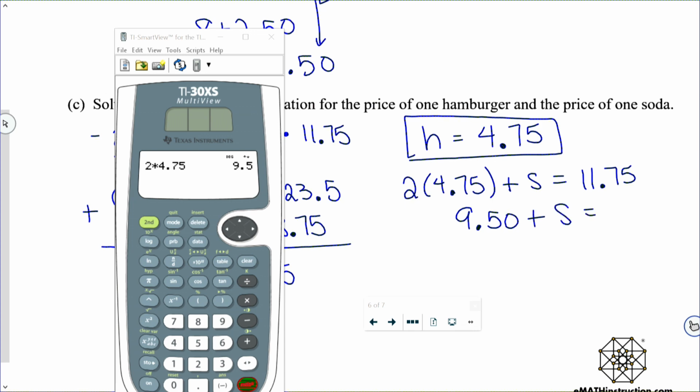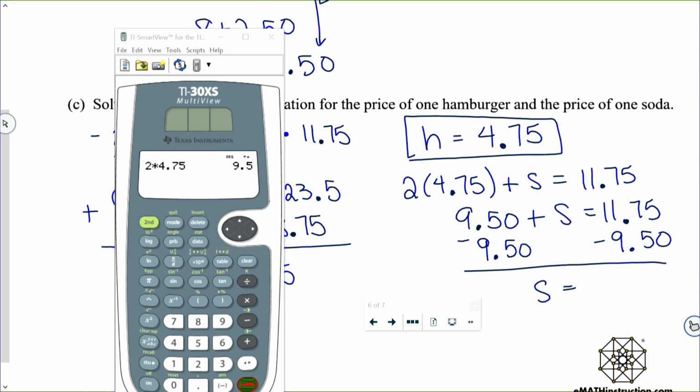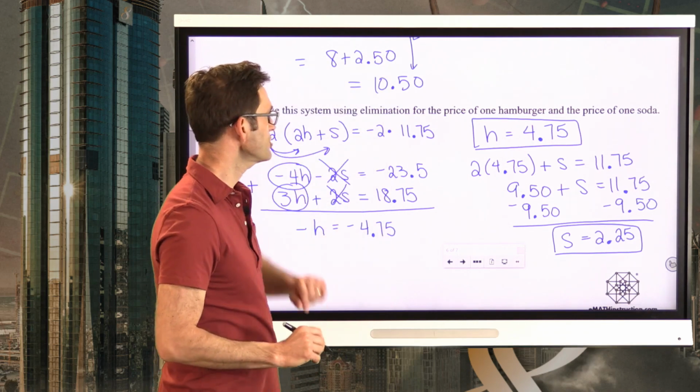Plus that soda equals 11.75. So now I just need to subtract off 9.50 from both sides. And I find the price of a soda is $2.25. All right. And that's it.